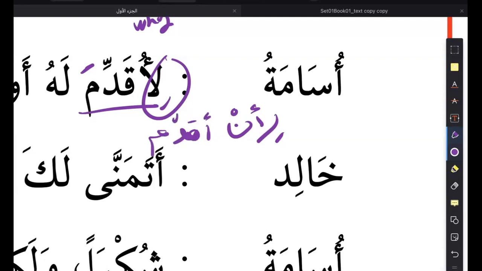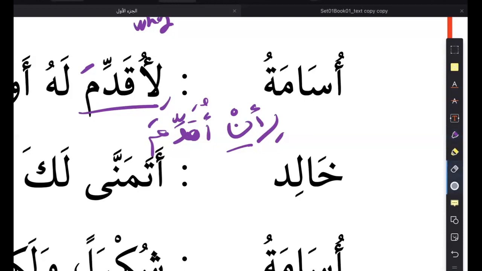Li an uqaddima. See, the "an" is there, but in some situations you can remove the "an", like what he did. Sometimes the "an" is always hidden. There's a lot of interesting discussion about this among the grammarians, and we'll learn it when we study grammar books.